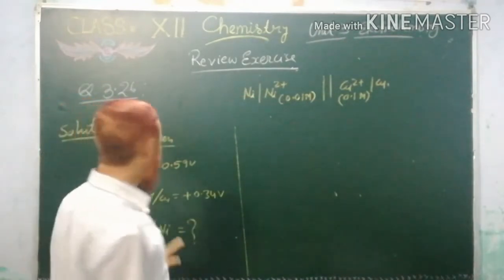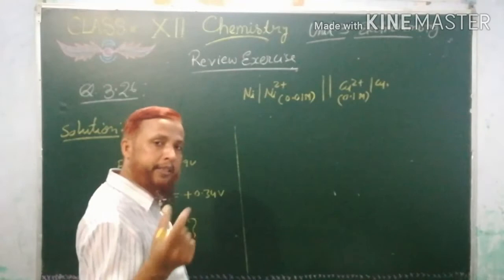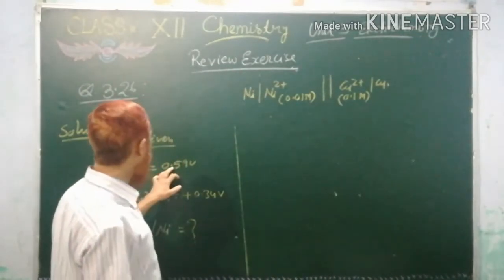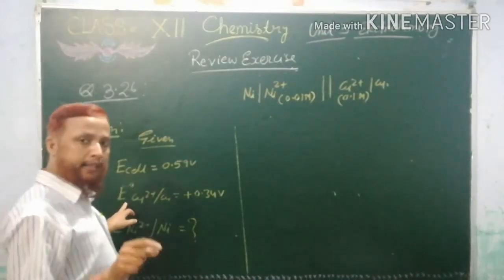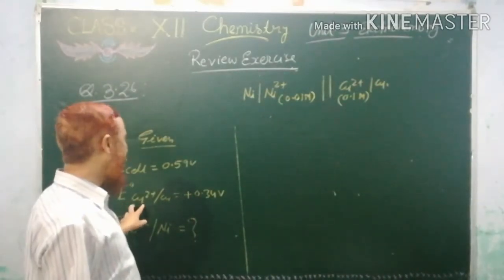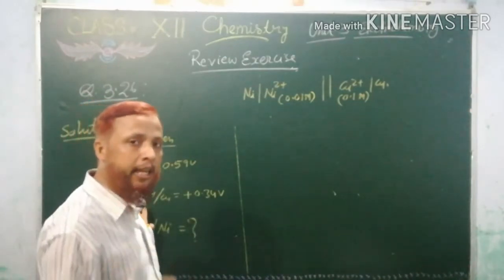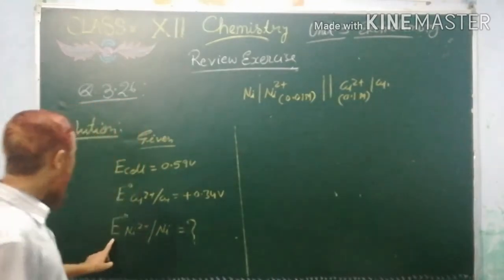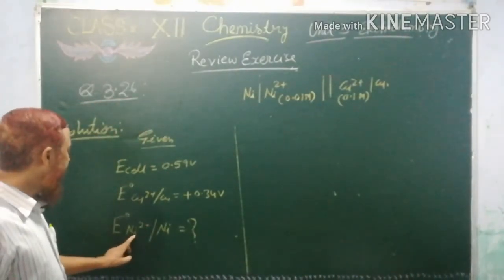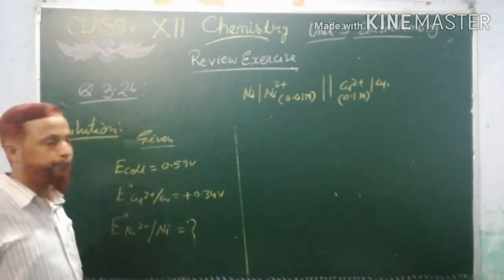Some other data is given. Cell potential, meaning EMF of the cell, is given 0.59 volt, and standard reduction potential of copper is given plus 0.34 volt, and in the question it is asking what will be the standard reduction potential of nickel, meaning Ni2+ / Ni, we have to calculate.